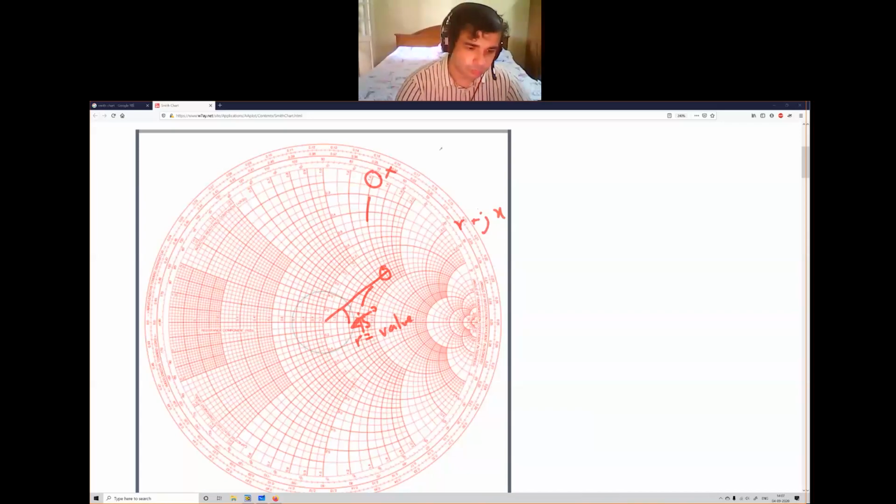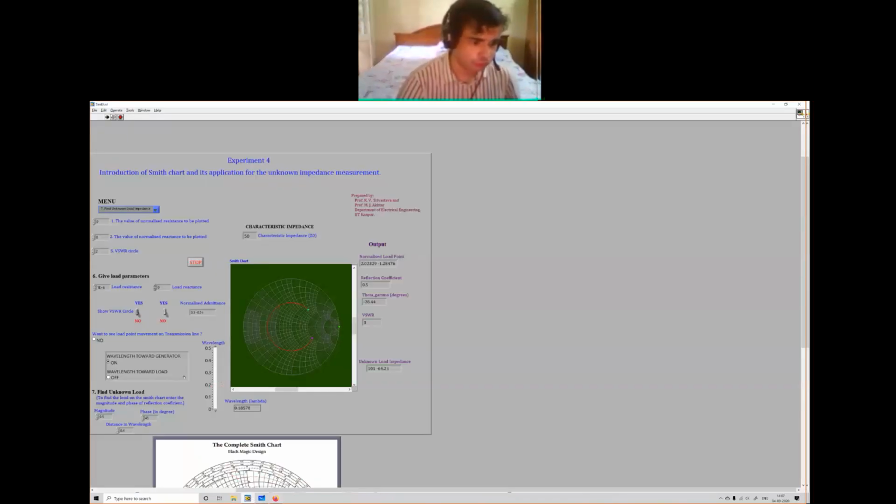Now, what they are telling us is to move by a wavelength distance of 0.4 lambda.